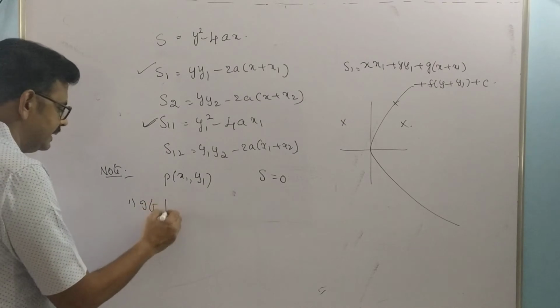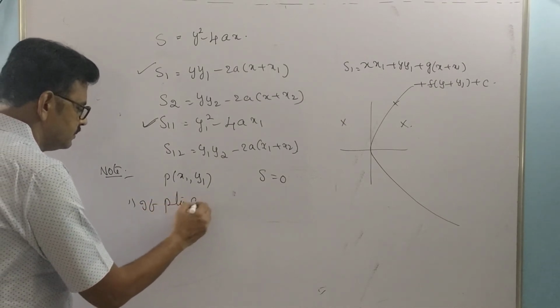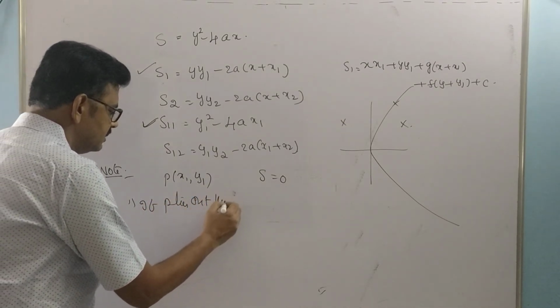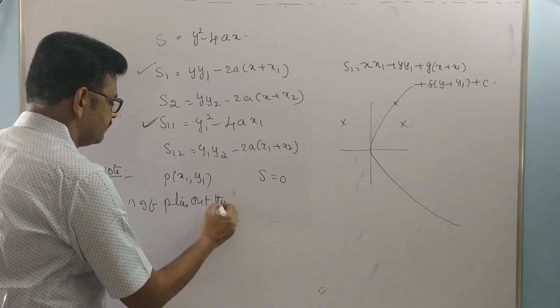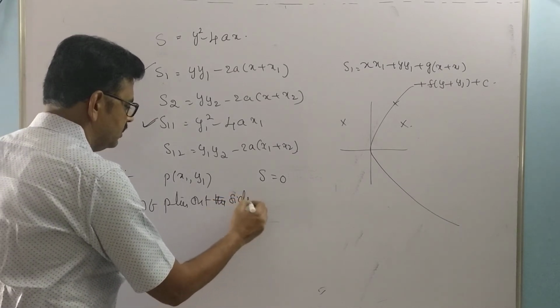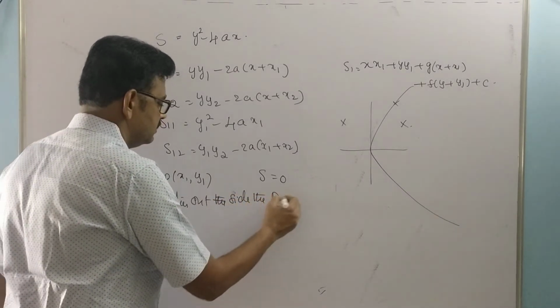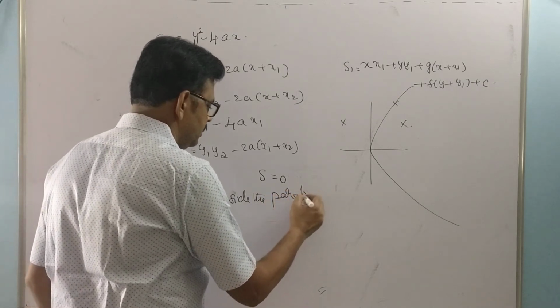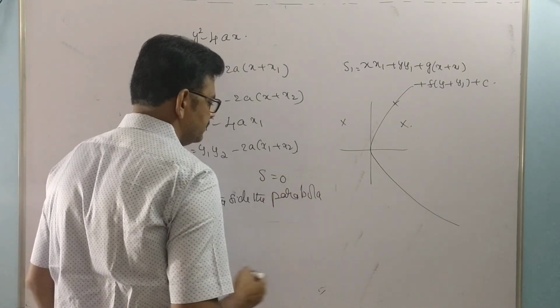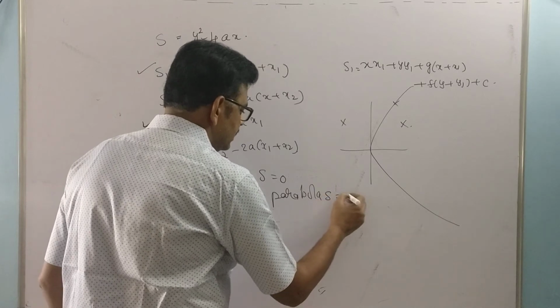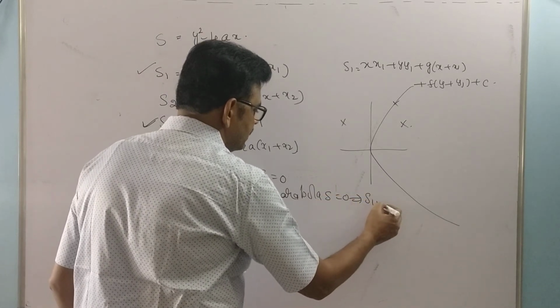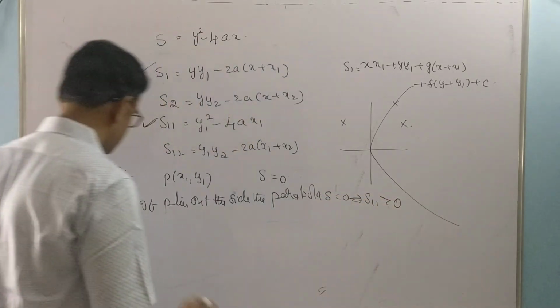If P lies outside the parabola S equal to 0, it implies S11 is greater than 0.